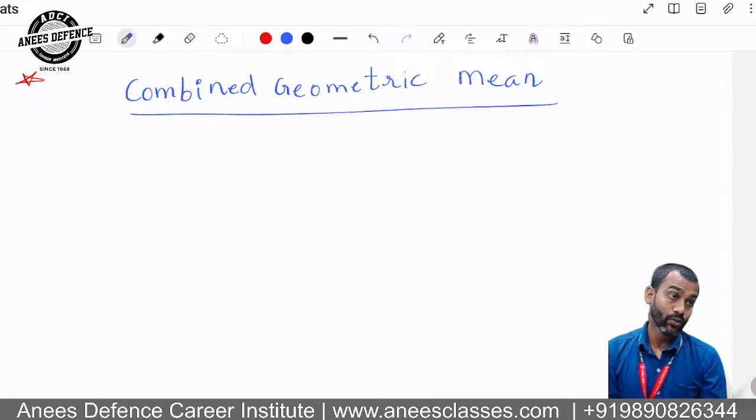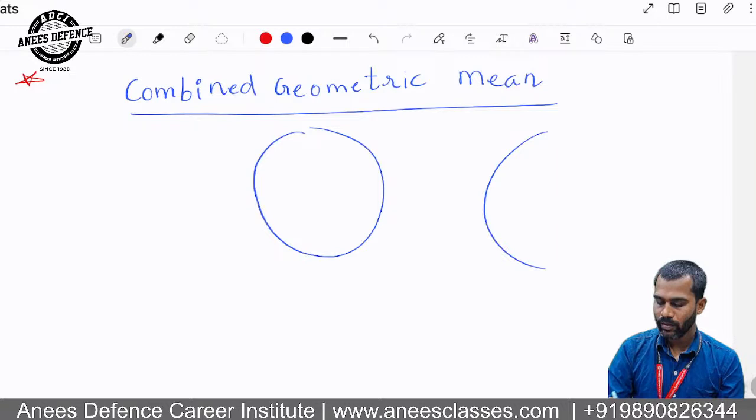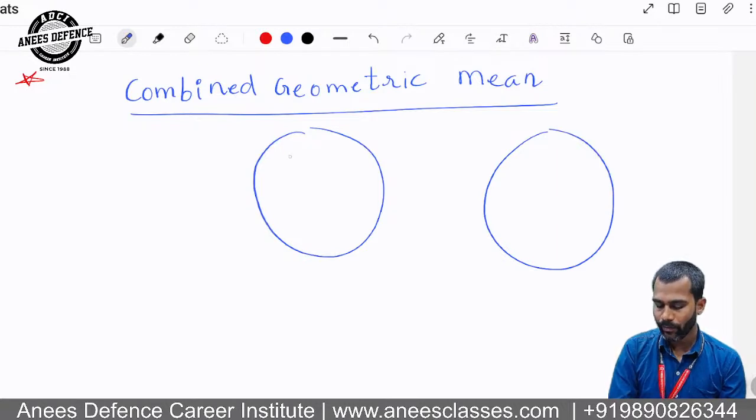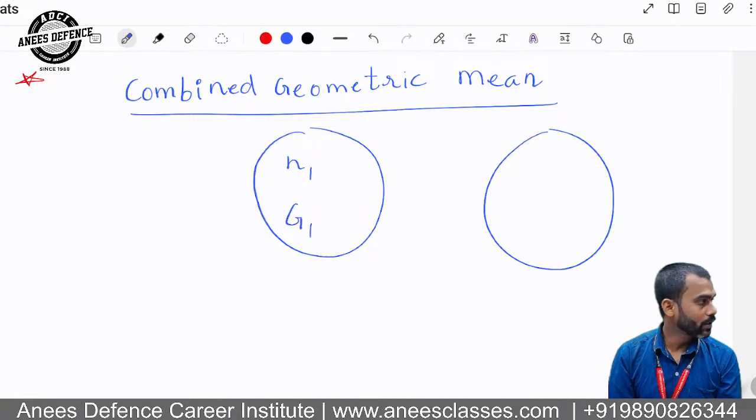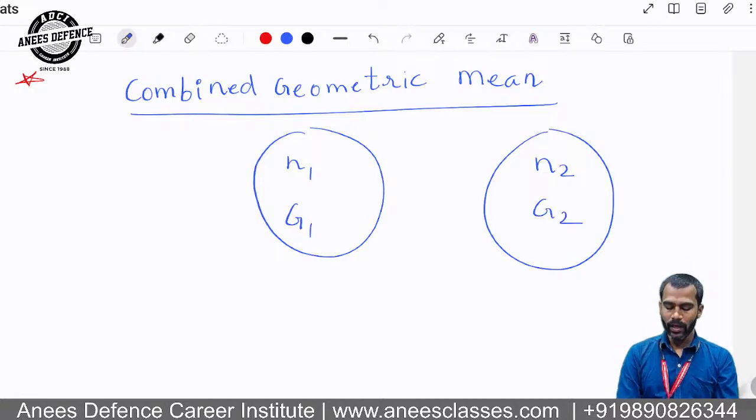Again, there will be two groups. One group, and this is the second group. In the first group, number of observations are N1 and its GM is G1. Similarly, N2 and G2.